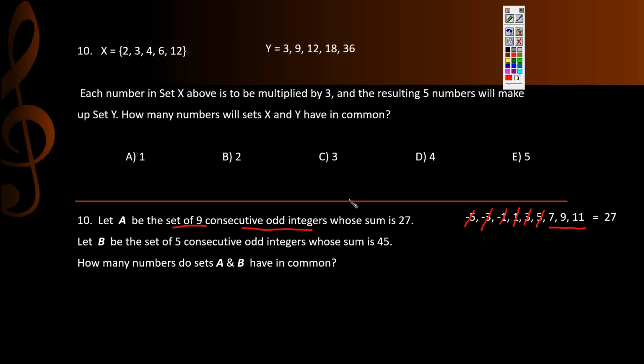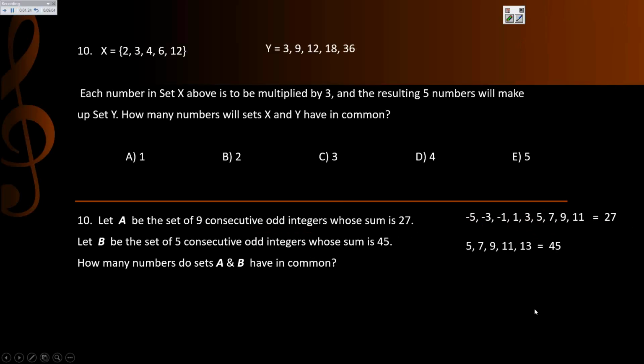All right. And then we have set B. It says it's the set of 5 consecutive odd integers whose sum is 45. And so I'm just trying to start. It's all trial and error. You just start somewhere and start adding up these numbers to see what combinations you have that will make 45.